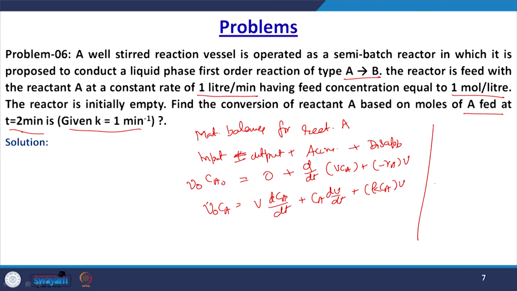Now this is because V is equal to V0 plus v0 t, and since the volume is constant, dV/dt is equal to 0.